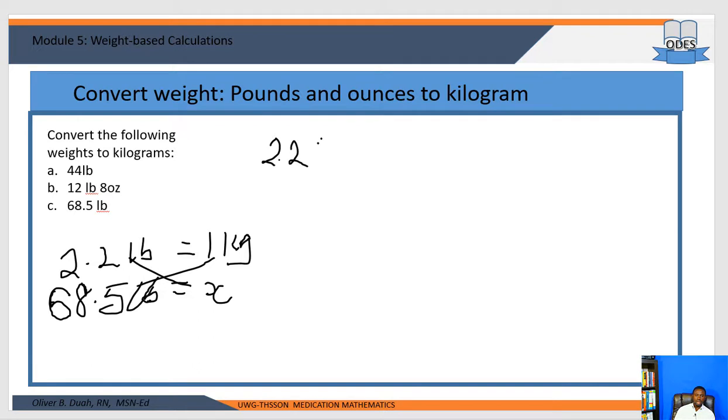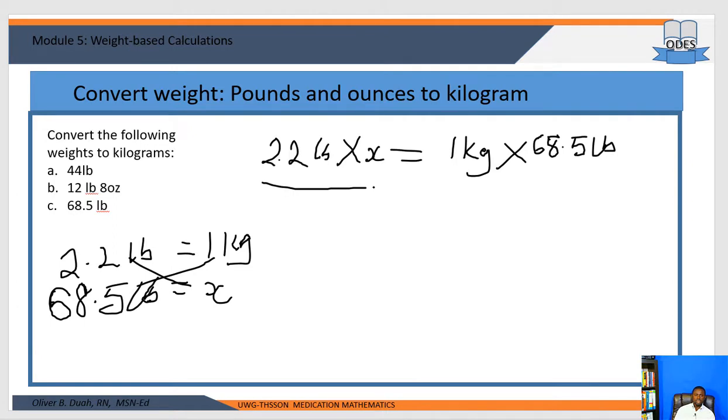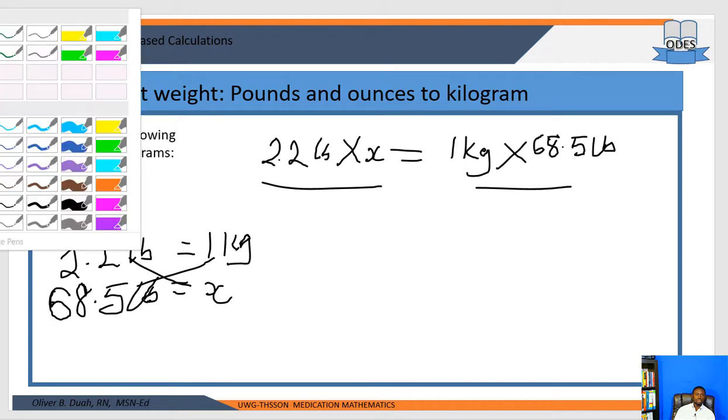And so we are going to have 2.2 pounds times X equals 1 kilogram times 68.5 pounds. To solve for X, let's divide each side by 2.2.